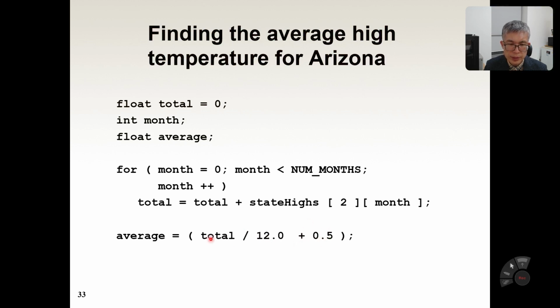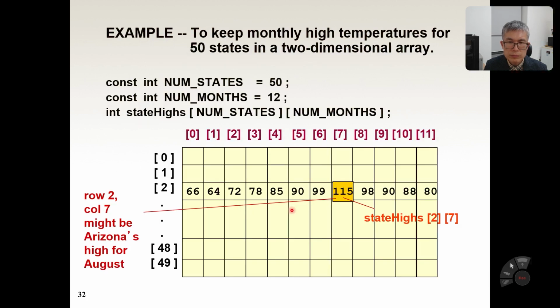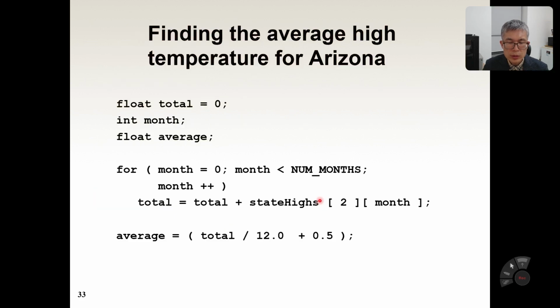Okay, and then we can get the average value. The 0.5 is a kind of compensation value.